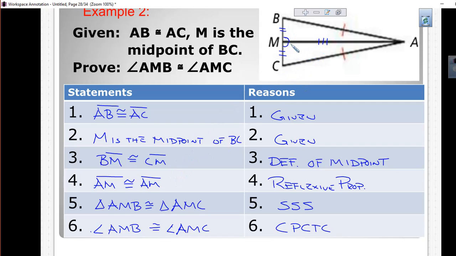Now, what measure would this be? If this is a straight line and these two are congruent, what angle is going to be supplementary and congruent? That should be a right angle. Both of these are right angles because 90 plus 90 gives us 180.